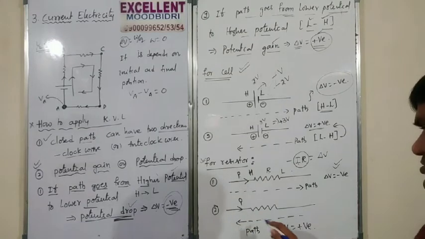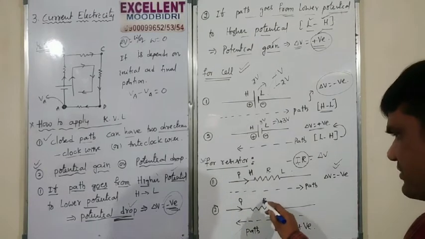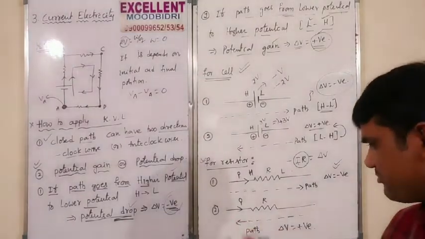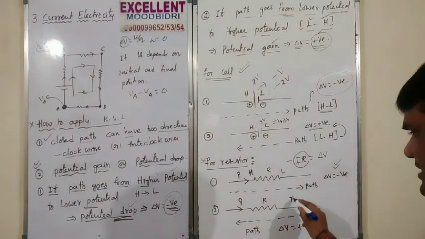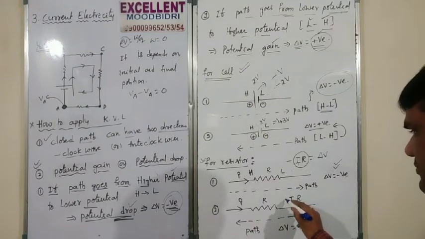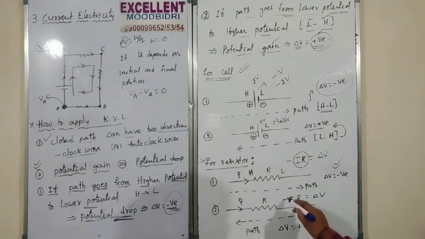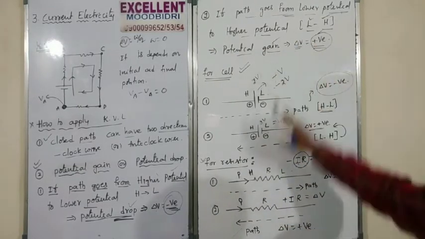Similarly, in the opposite case, where this is the direction of current and this is my path, in that case I into R we will consider as positive. These rules are very, very important.